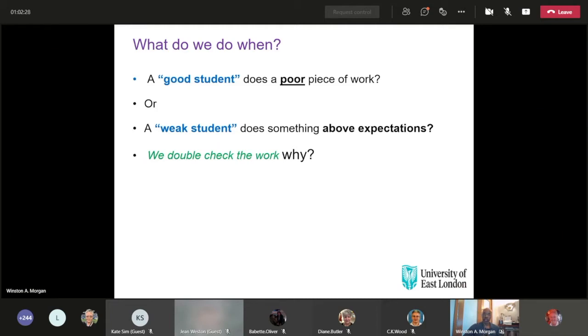Whereas with the weak student, I'm scrutinizing, thinking, have I overmarked, or is there something wrong here? That is because we have biases about these students. This type of situation, where the good student does something poor or the weak student does something exceptional, challenges our biases about certain students.